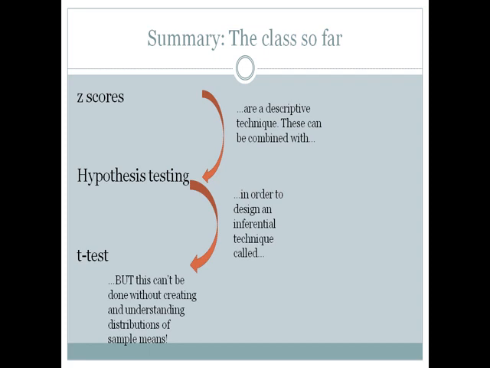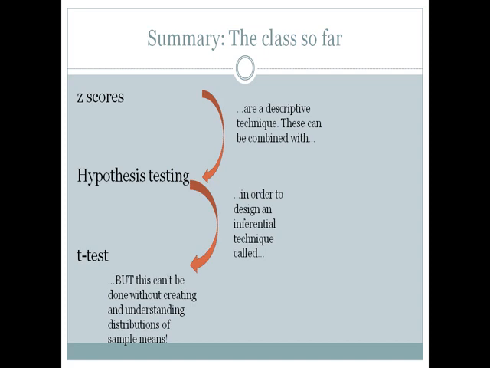To situate us in the class, where we want to go from here is to start inferential statistics. But before we can do that, we need to understand the distribution of sampling means. We also need to understand the basics of hypothesis testing.